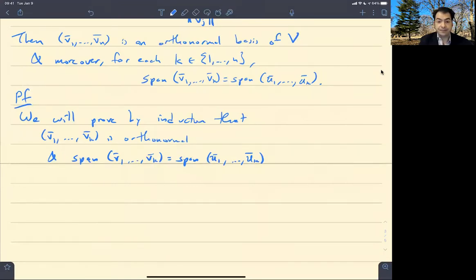In particular, once you get to k equal to n, then you're done. Being an orthonormal list, it's automatically linearly independent. And then if it spans the same as U1 through Un, then it spans all of V. And so we have an orthonormal basis.